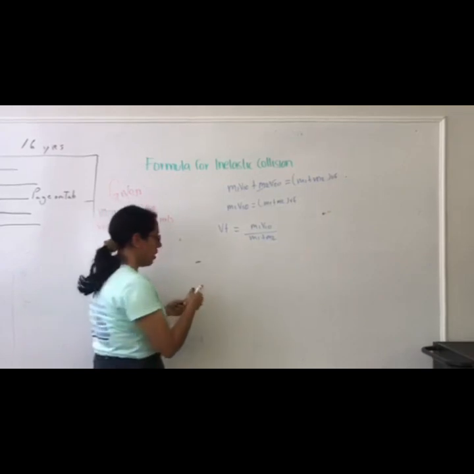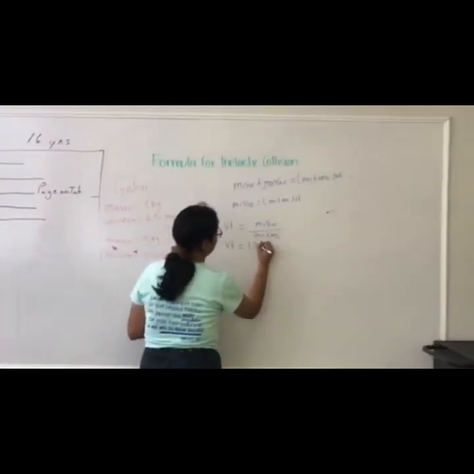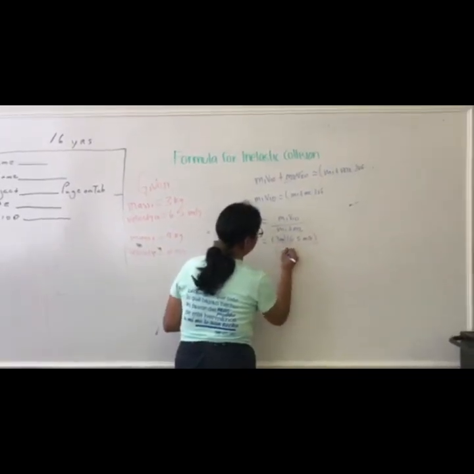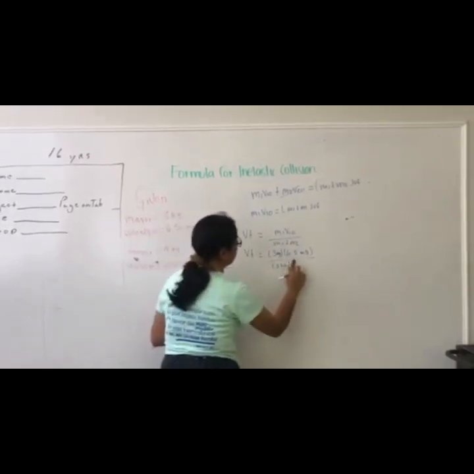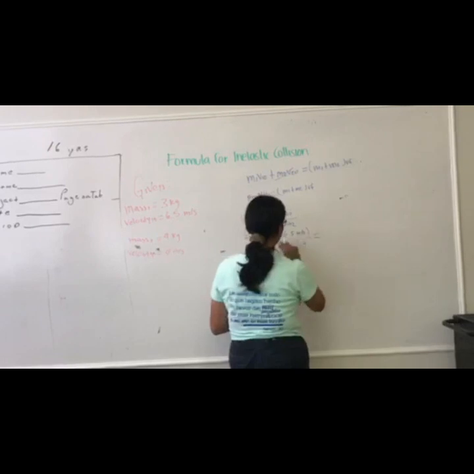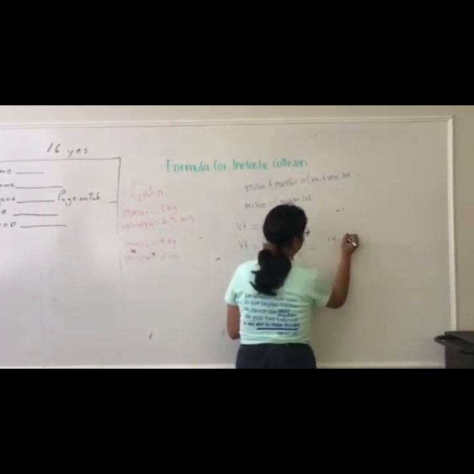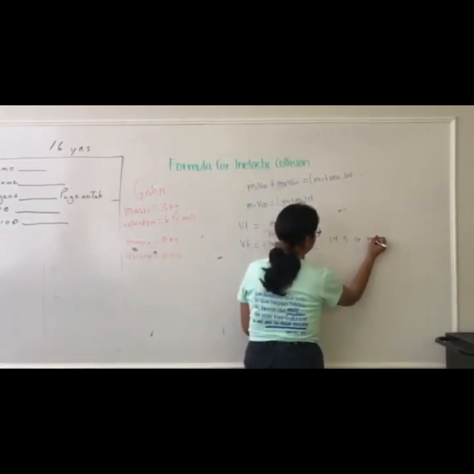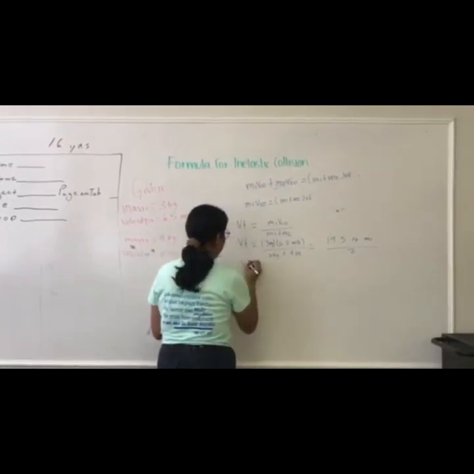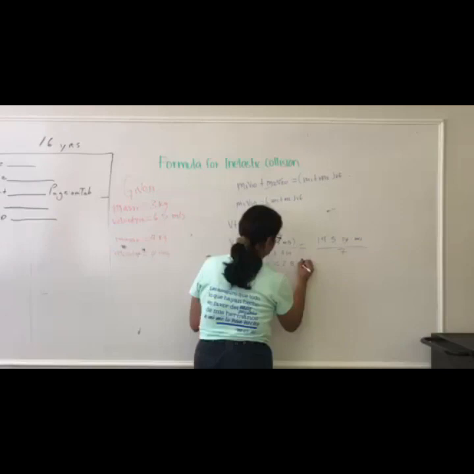We plug in the values: v final equals 3 kilograms times 6.5 meters per second over 3 kilograms plus 4. 6.5 times 3 is 19.5 over 7, and dividing, we get v final of 2.78, which can also be 2.8 meters per second.